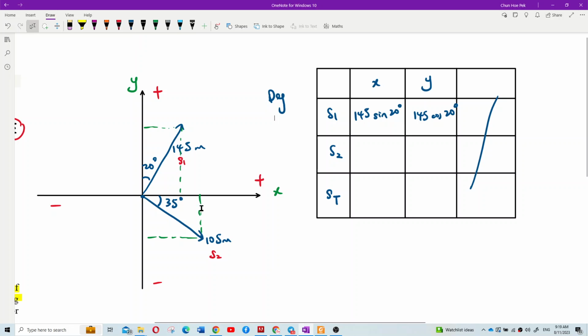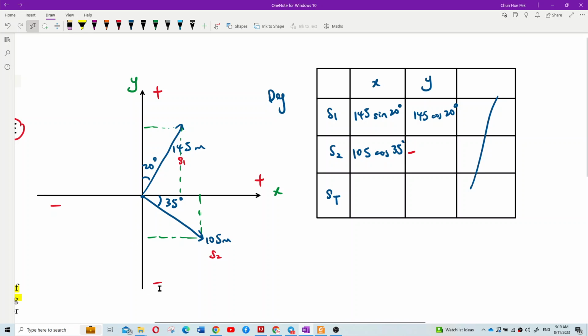How about S2? The X component is positive also, 105 cos 35. And the Y component is negative because going down, right?